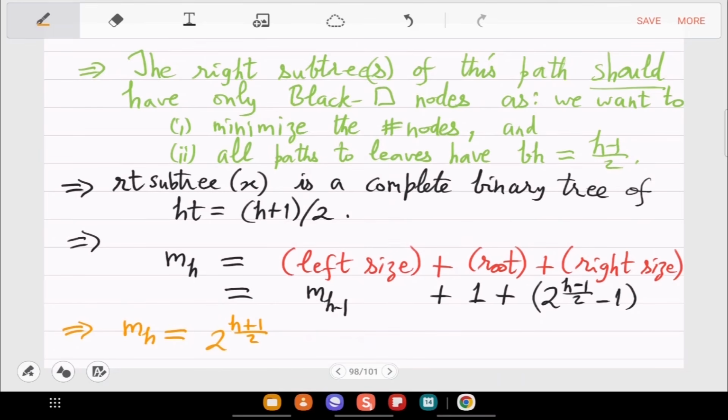I mean, MH comes out to be at least this much. It will basically come out to be 2 raised to h by 2. You can check that. So MH, the minimum sized arbitrary tree of height h, will have size at least 2 raised to h by 2.